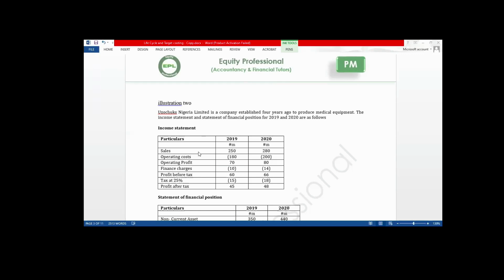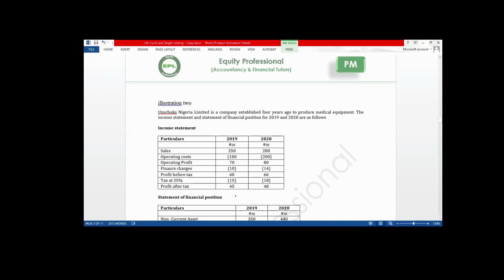Please don't forget. We have the finance charges. Please don't forget, your finance charge is the interest cost. We have the profit before tax. We have profit after tax. We have the tax. The tax rate is 25%.